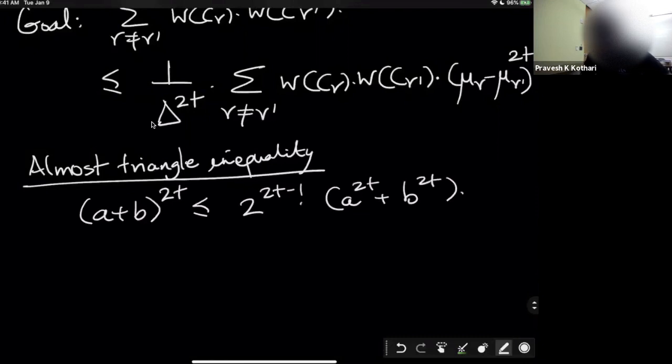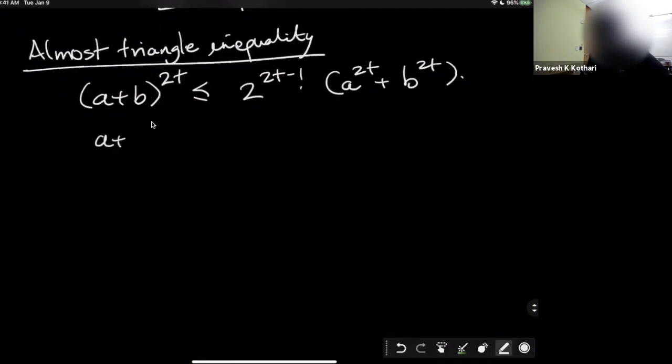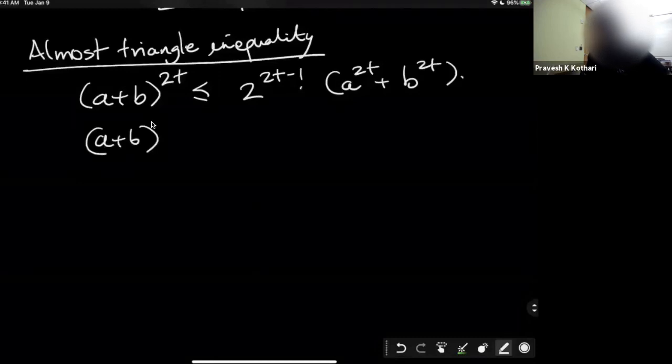Okay? And I'm sure you can see a proof of this already, but let's see some special cases to make sure you don't think this is some weird thing. So if I look at it for t equals 1, this is saying that a plus b squared is at most 2 times a squared plus b squared.